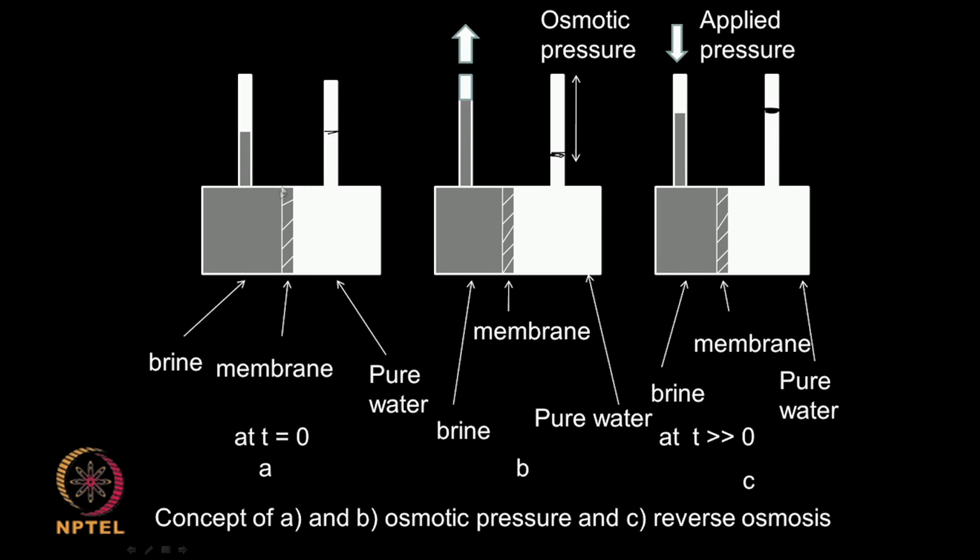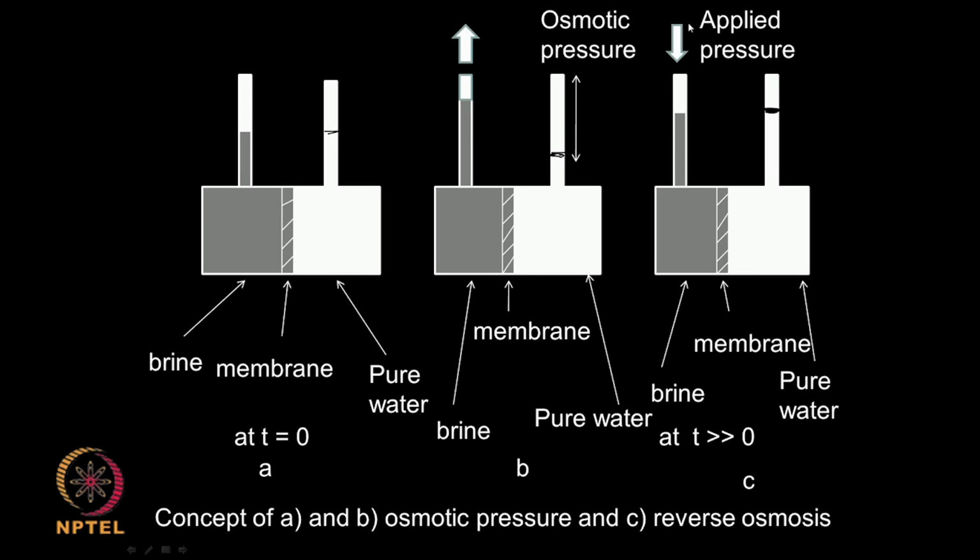The chemical potential for the water side, chemical potential for the brine side. So, this chemical potential is higher than this chemical potential. So, pure water will start flowing across this membrane into this side, until these two chemical potentials match. This is called osmotic pressure.